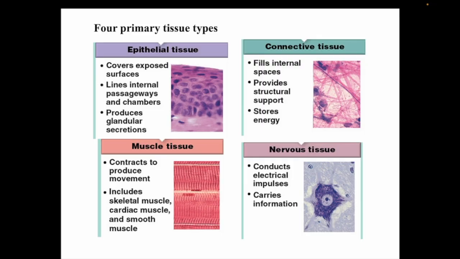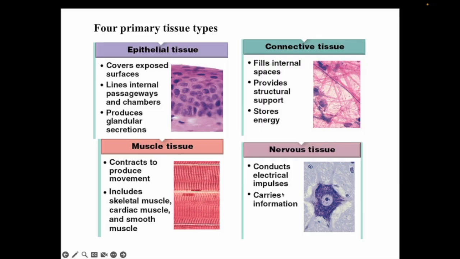The muscle tissue is the tissue that we all understand, so it produces movement. But the novelty for a student who never learned a lot about tissue is to know that there are different types of muscle tissue: the skeletal, associated with the skeleton, the cardiac, associated with the heart, and the smooth muscle, associated with the viscera or the internal organs besides the heart.